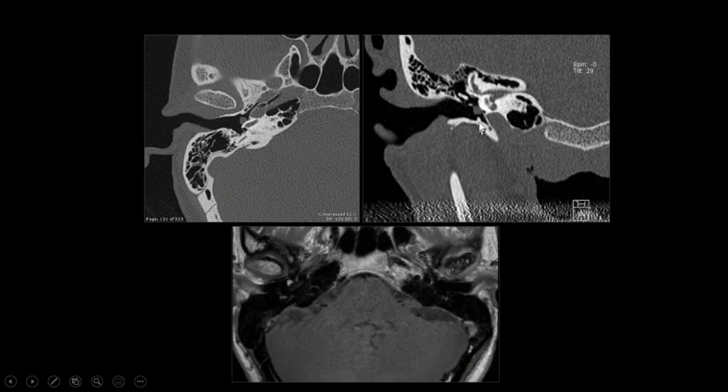You can see that there's a lesion, first of all, at the cochlear promontory. You can see a focal lesion that's sitting right on the cochlear promontory. So my differential diagnosis right now is going to be congenital cholesteatoma versus glomus tumor, paraganglioma, a very vascular tumor. So how do you differentiate them apart?